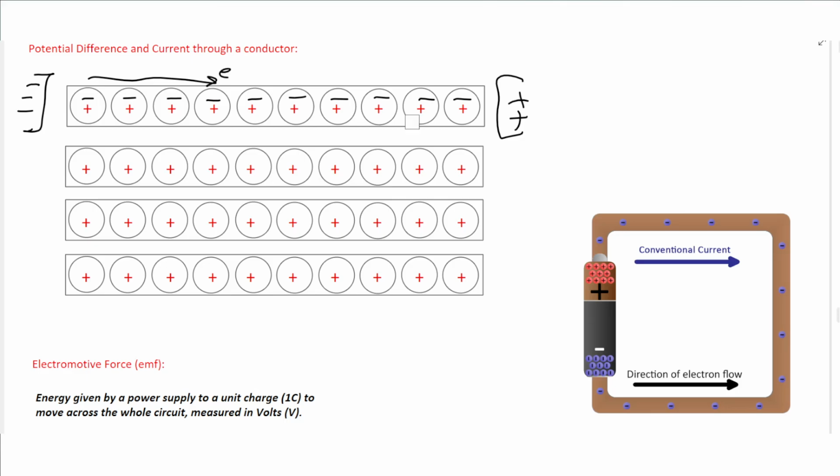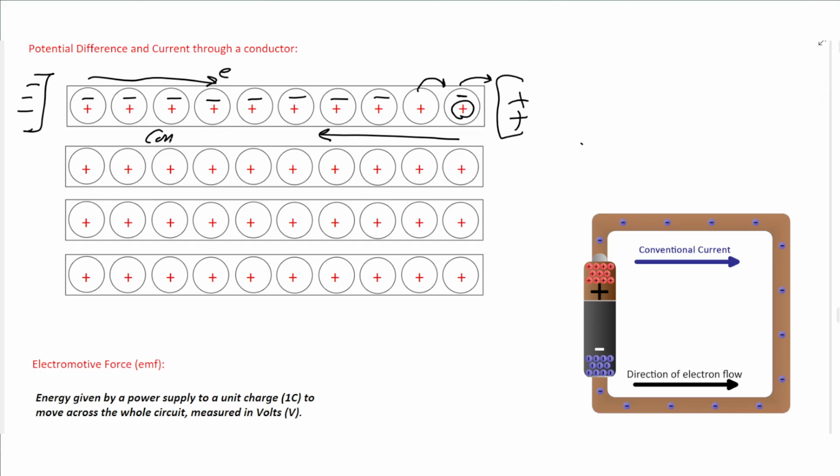But whenever an electron leaves its place, it leaves behind a positive charge. So the electron moved in this direction, it left behind a positive charge. Then this electron will move into the empty spot, leaving behind another positive charge. Now the positive charge appears to be moving in the opposite direction.